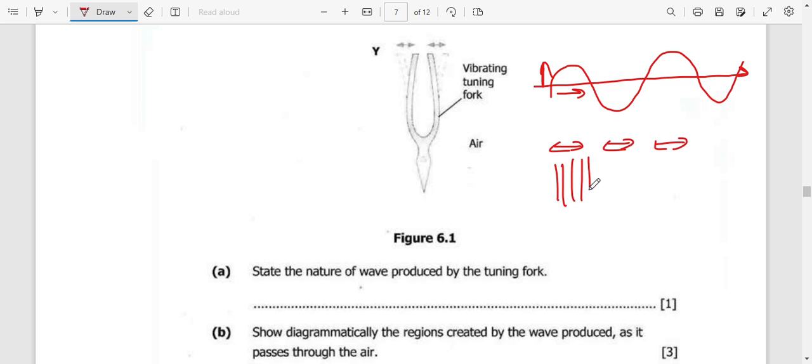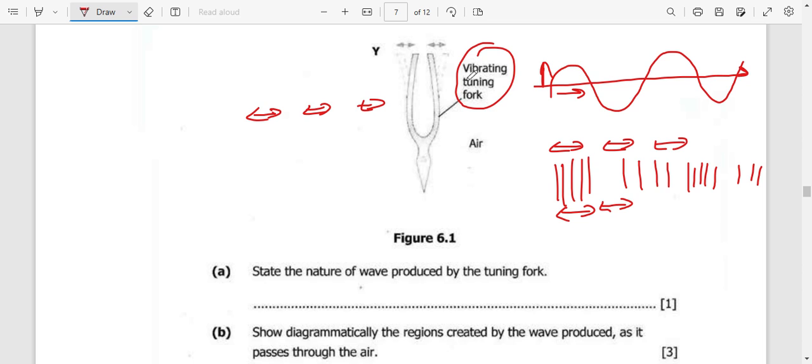You are going to see at one point where there are a lot, and then at one point they split. Where there are a lot, we call them compressions, and where there is a distance, we call them rarefactions. For example, a spring is a longitudinal wave. Same with sound, you can see that there is a go and a come like that.